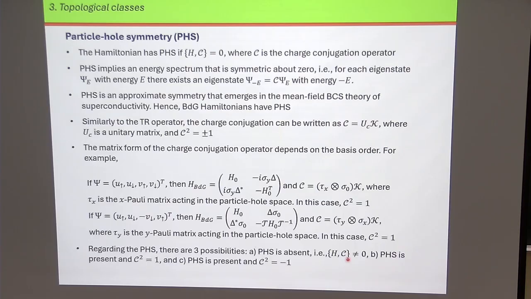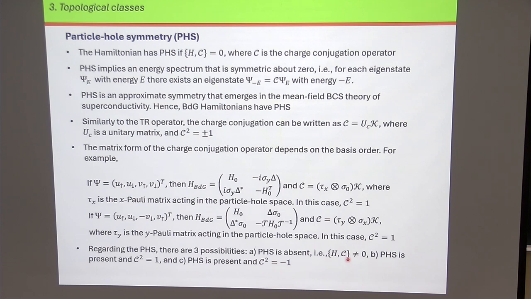So we have, again, three possibilities. Either it has the symmetry or it doesn't. But if it has it, I still have another two possibilities, which is that C squares to 1 or C squares to minus 1. So I have three possibilities for time reversal, and three possibilities for the particle-hole symmetry.